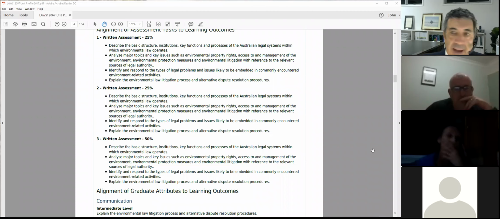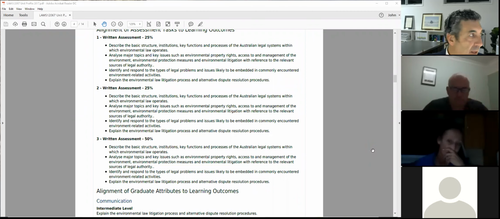So within the context of that examination question, I'm just going to share the screen again, and we'll look at the final objective in the unit profile for this written assessment, and that is to explain the environmental law litigation process and alternative dispute resolution procedures.